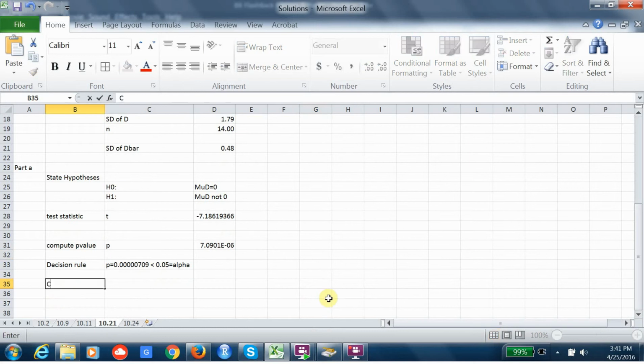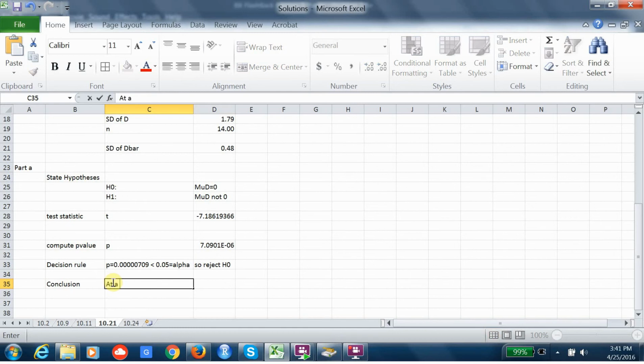And now I'm finally ready for the conclusion. So we're going to reject the null hypothesis. And now we're ready for the conclusion.